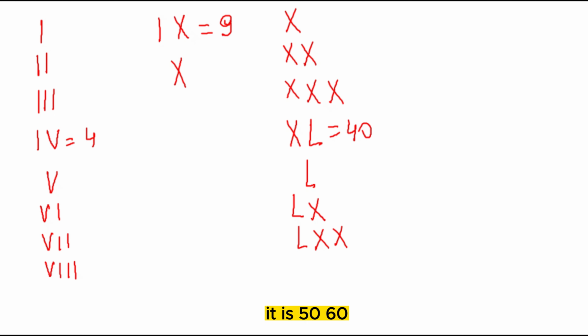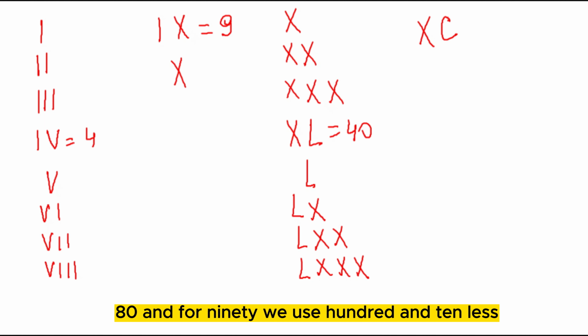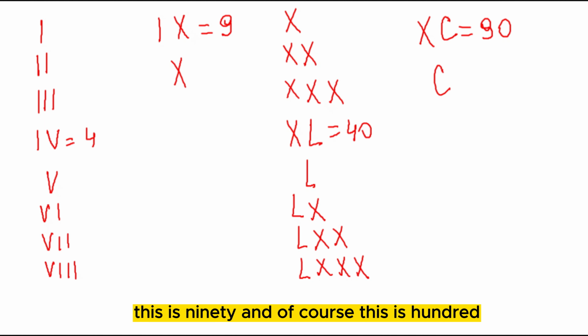It is 50, 60, 70, 80, and for 90 we use 100 and 10 less. 10 less than 100, this is 90. And of course, this is 100.